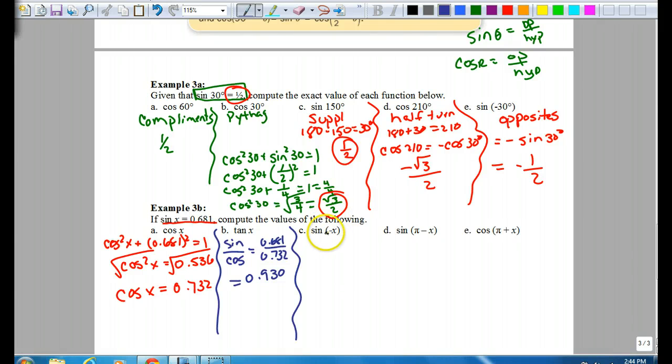And then this one would be opposites, yeah, good. So we know that the opposite of this is going to be negative sine, which is negative 0.681.